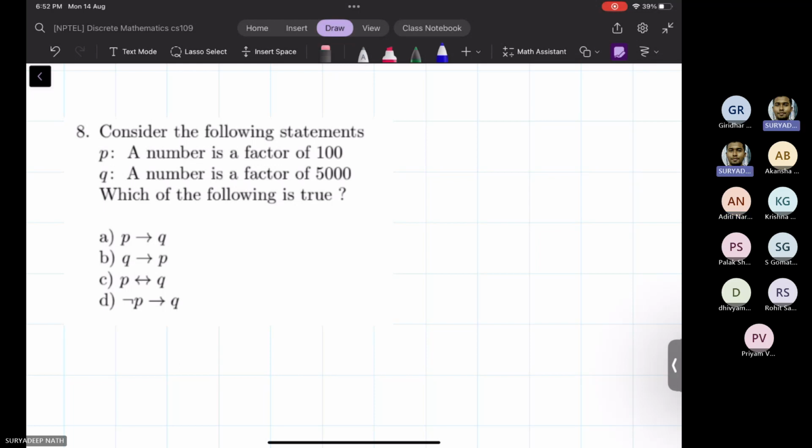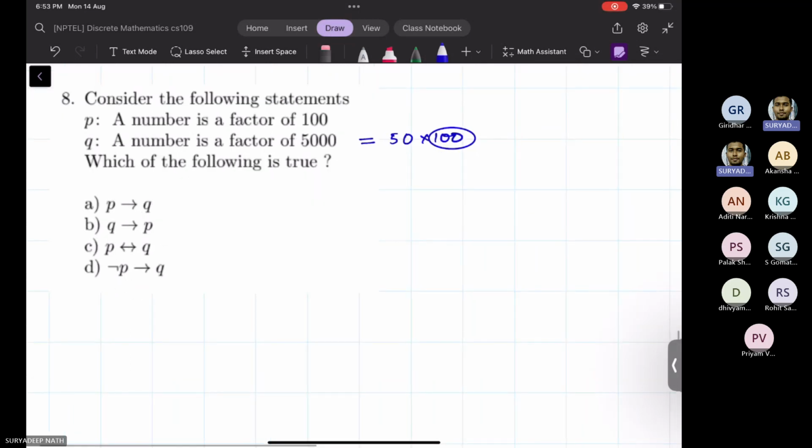Yeah, you are right. If you see any number that is a factor of 100, just by common sense, 5,000 can be written as 50 into 100. So any factor of 100 will automatically be a factor of 5,000. That is true, right?